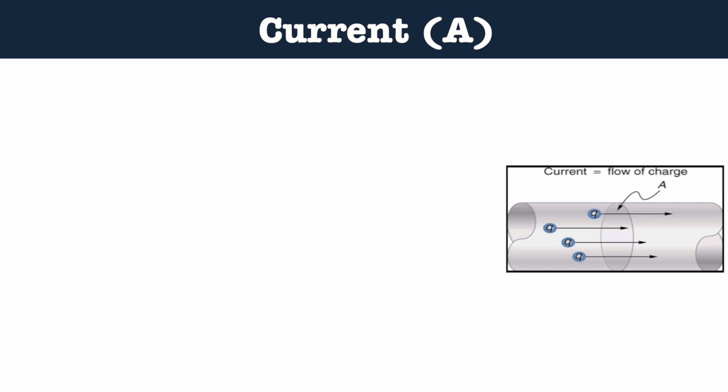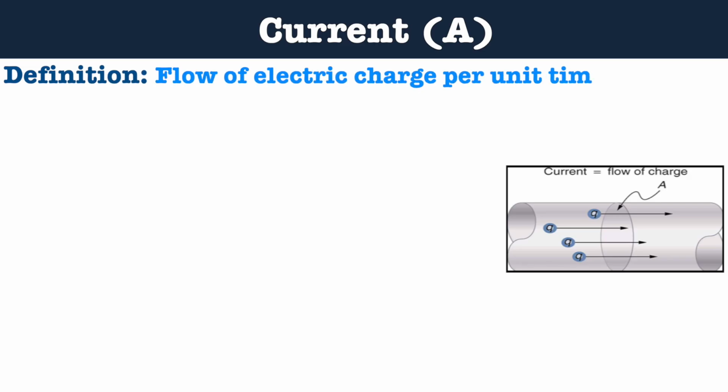So first we will define current. What is current? Current is the flow of electric charge per unit of time. Current describes how electric charge carriers such as electrons or ions move through a conductor like a wire. These charges move in response to an electric field created by a voltage.